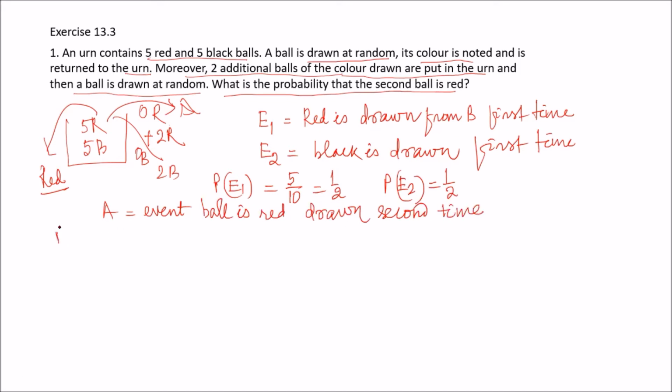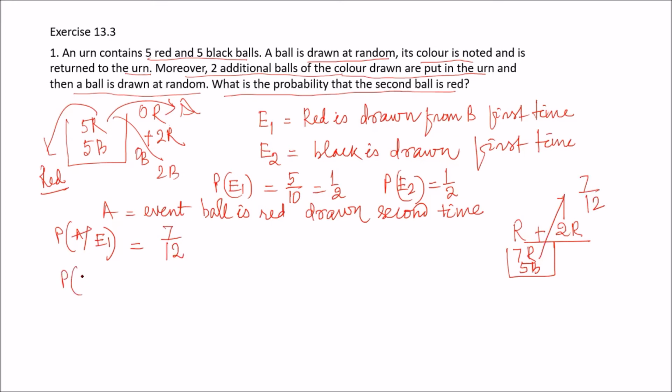So the probability of A given E1, that means a red ball was drawn. When a red ball was drawn, then 2 more red balls were added there. So how much does it become now? It becomes 7 red and 5 black. Now when we are taking out a red ball, it will be 7 by 12.